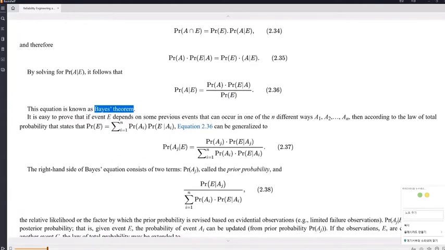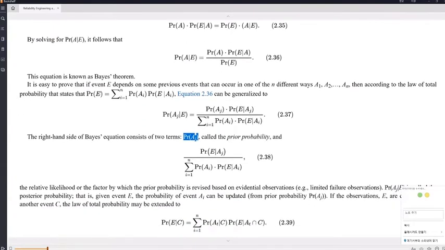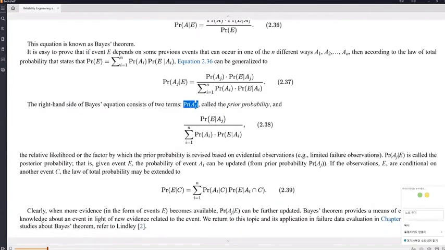Also, I already told you that this is called the prior probability. And after observing the event or evidence, this is called the posterior probability.